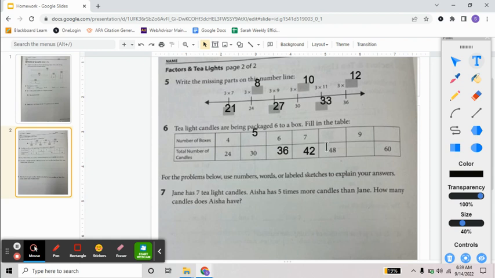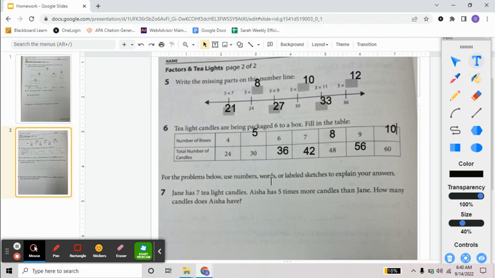A number times 6 that equals 48 would be 8. 9 times 6 is 54. A number times 6 that equals 60 is 10.